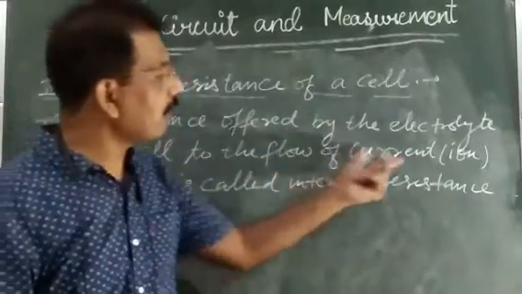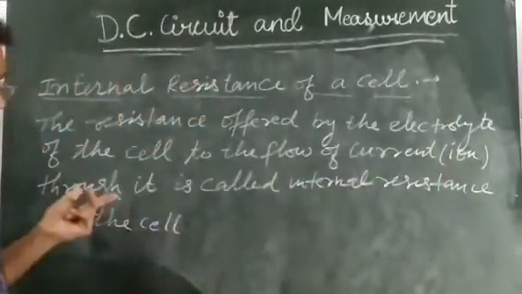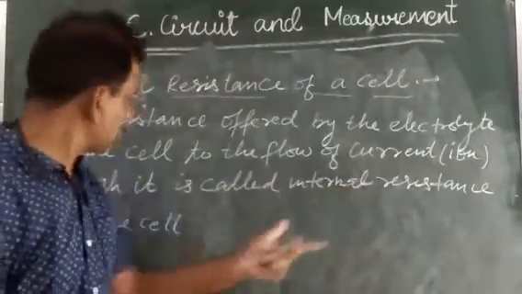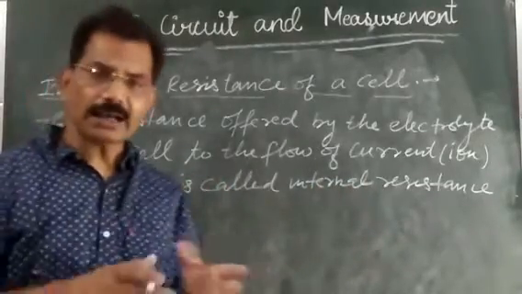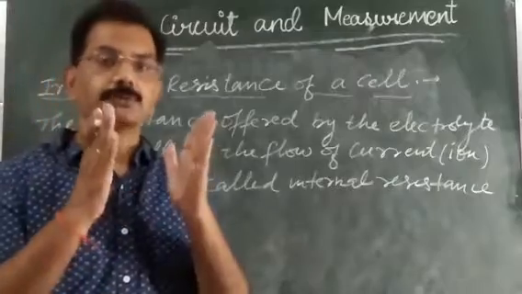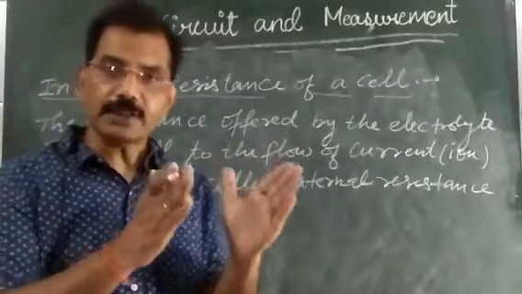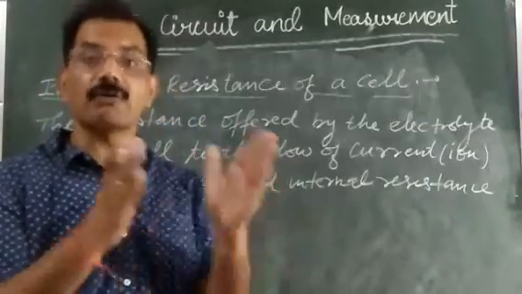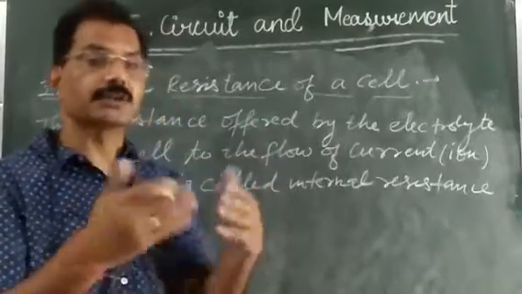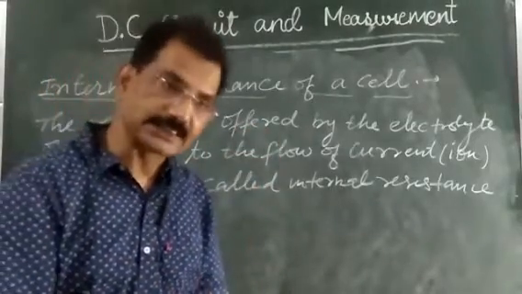So the obstruction to the flow of ions is called the internal resistance of the cell. In other words, the obstruction offered by the electrolyte to the flow of ions inside the cell is called its internal resistance.